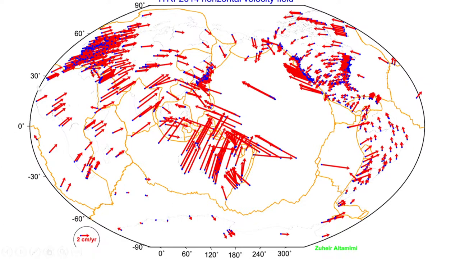Here you can see that the movement of the plates is not the same in all the plates, and the direction is also different, because there are three processes: convection, conduction, and radiation.